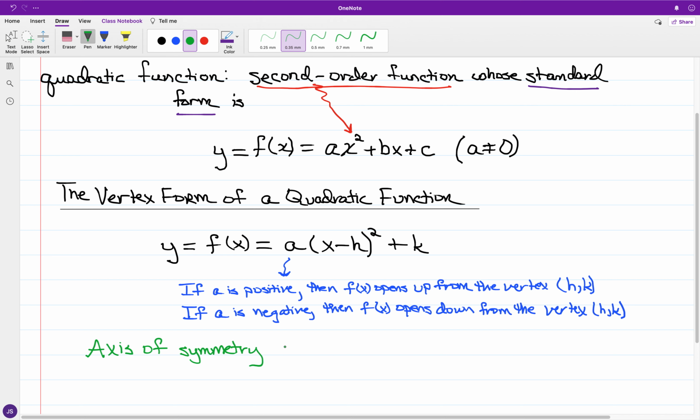In general format, we have the axis of symmetry, x is equal to h. It's not going to be the graph of the function itself, but it is going to serve a purpose, like in terms of keeping things proportional. And this is going to be a visual vertical line.